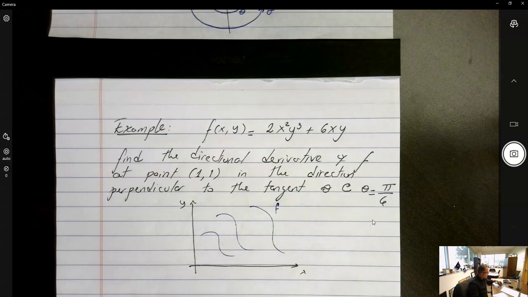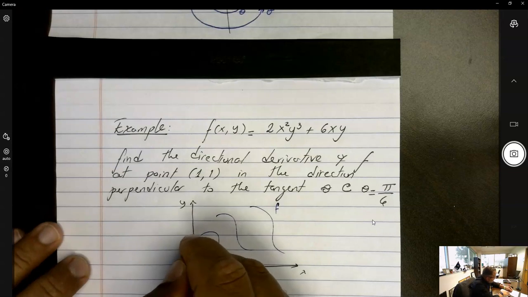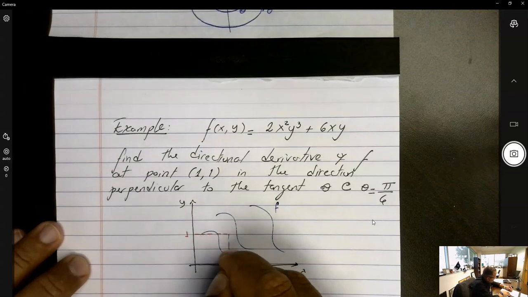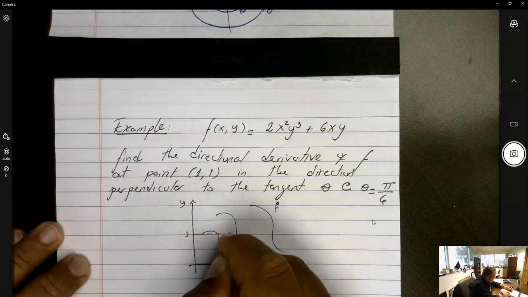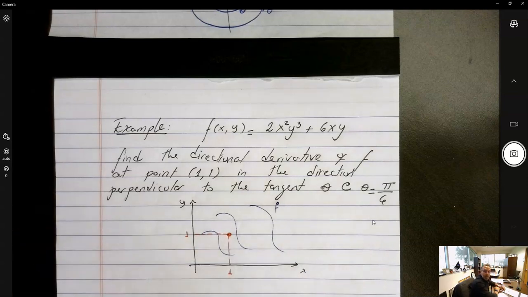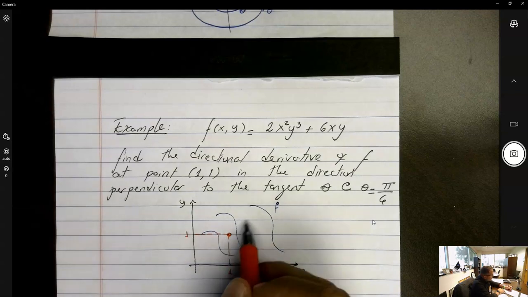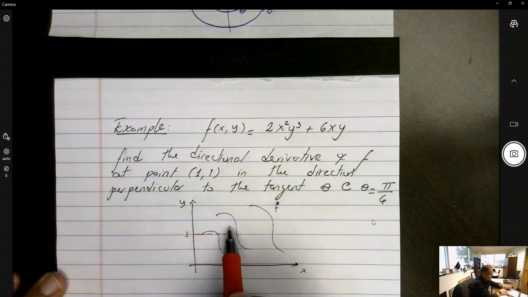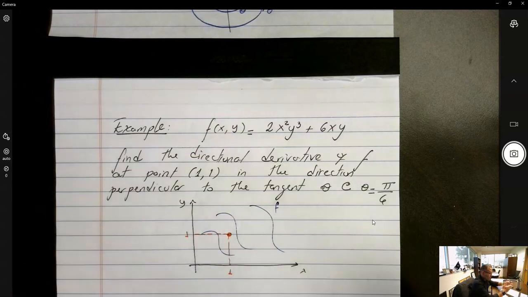And then we're asked to take point 1, 1, and at this point in the field, we are to calculate the derivative of these fields. If we take the gradient, we'll get a vector, right? And the vector will give us the partial derivative in the x direction and the y direction.